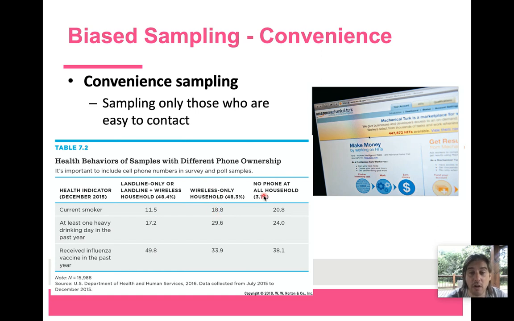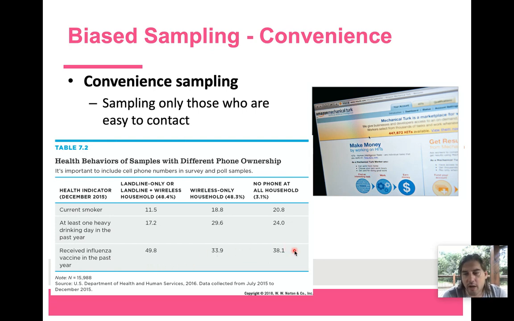If you have no phone at all, almost 21% of people are smokers. People with a landline or wireless or cell phone, 17% of them have had a heavy drinking day. Almost 30% of just cell phone users have had a heavy drinking day. And only 24% of no phone households have had a heavy drinking day. And you can see the numbers also differ for the flu vaccine, influenza.